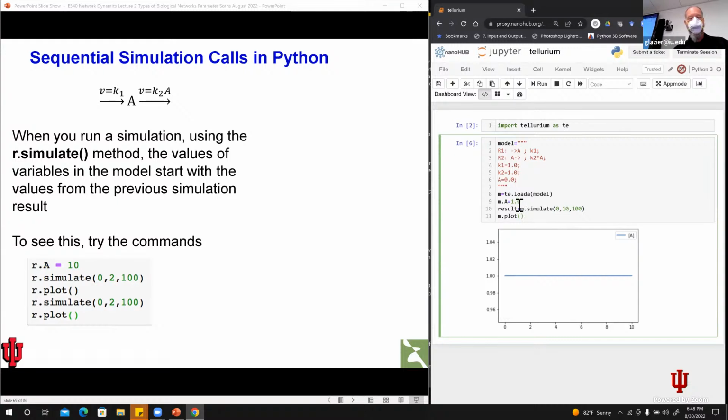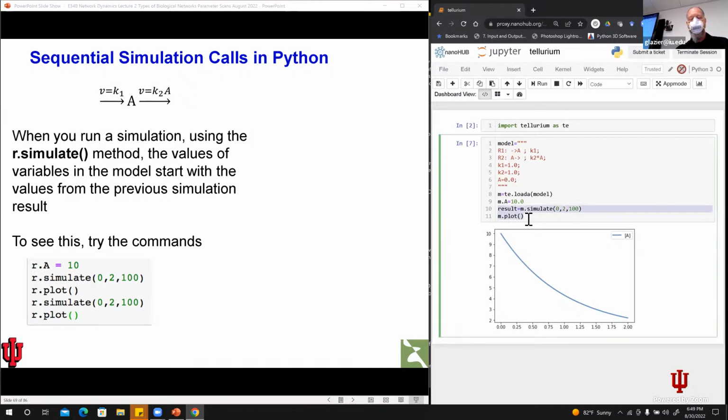Let's not make it 1, because 1 won't show us anything. Let's start out with m.A = 10. And let's only simulate up to time 2, like that. And then let's copy and simulate again and see what happens.